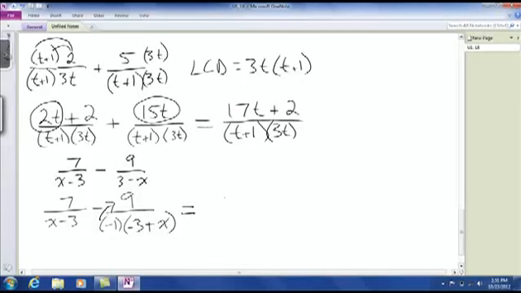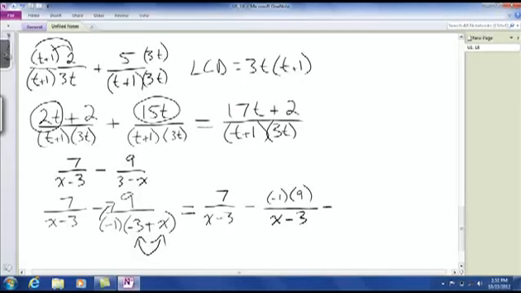So now what I have is 7 over x minus 3 minus -1 times 9 on top over, well, what if I just rearranged the order these were written in? -3 plus x is the exact same as positive x minus 3. Well, now I have the exact same denominator. Ain't that fun? So I don't have to do anything else to it.